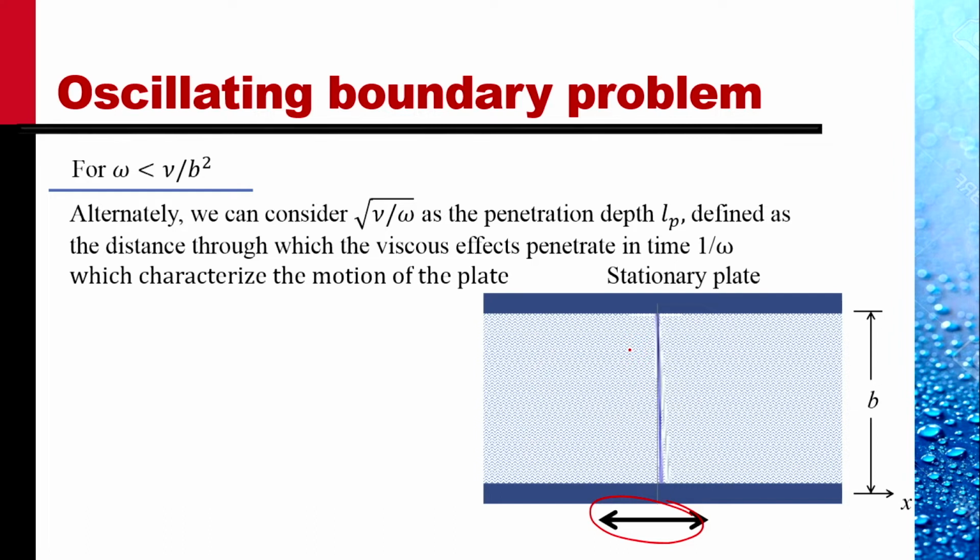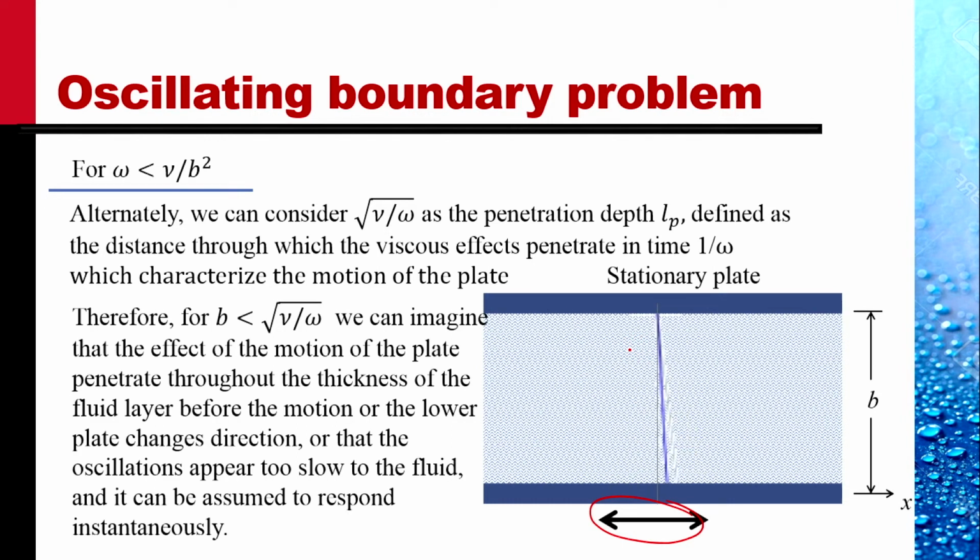And the penetration depth is the distance the effect penetrates in time 1 over omega. For both these considerations, we see that the motion of the plate is too slow.